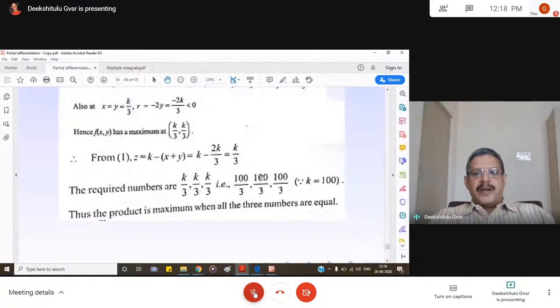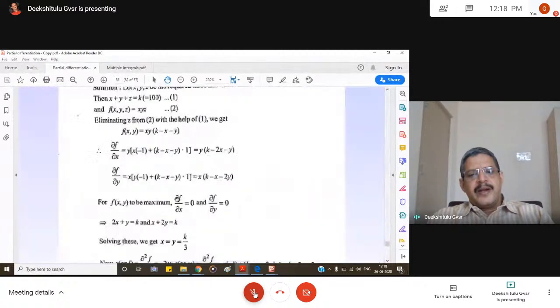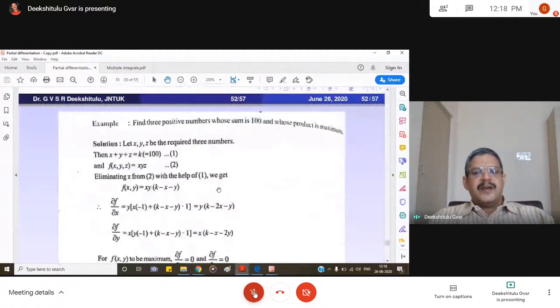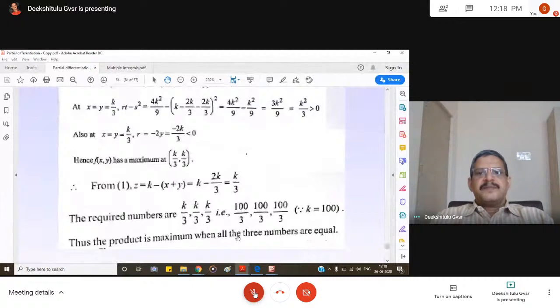So in place of k, if you put 100, since the problem is given as x plus y plus z is equal to 100, you need not use k, you can straight away do it with 100, and you get the answer 100 by 3, 100 by 3, 100 by 3.